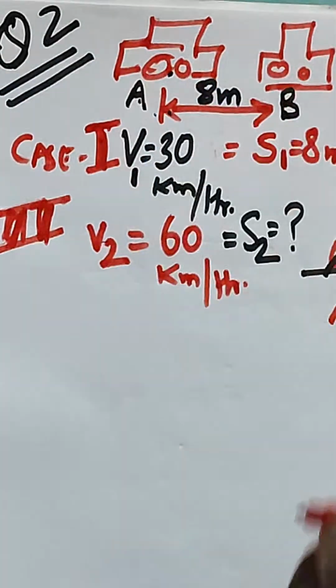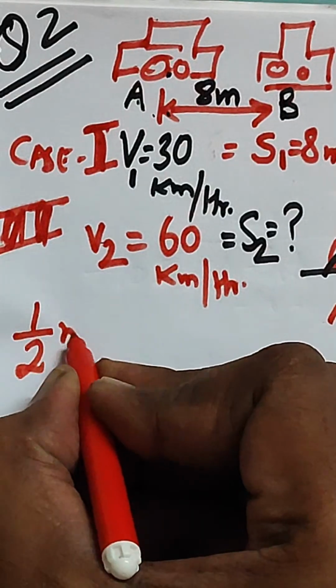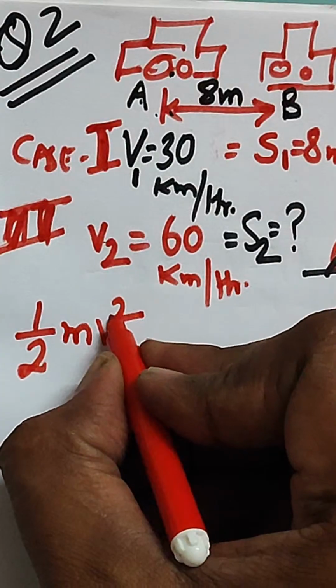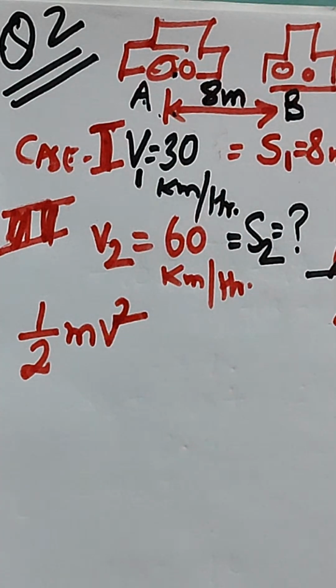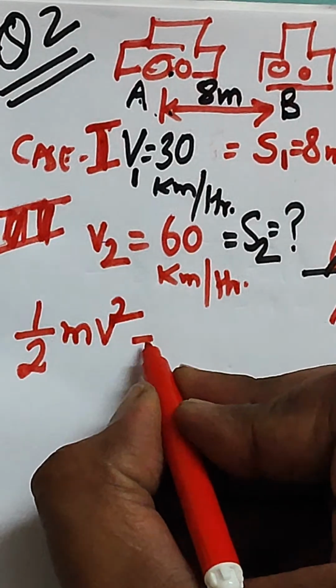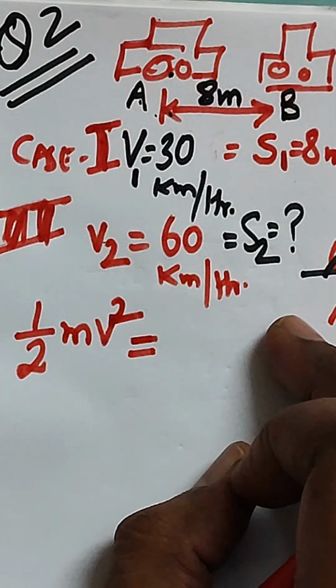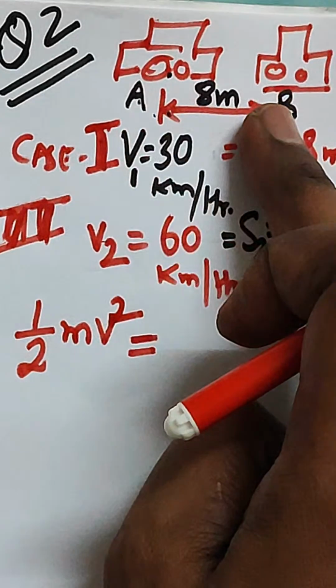In this question, we can say that the car is moving with a velocity, so the kinetic energy will be half mv square, right? And this will be equated with the applied force and distance.